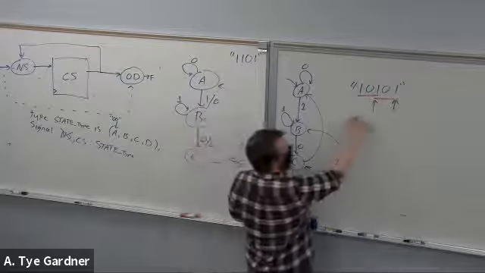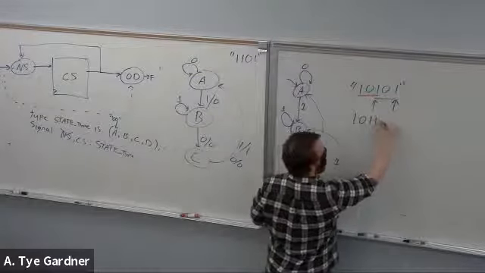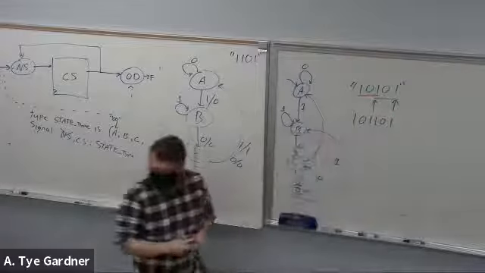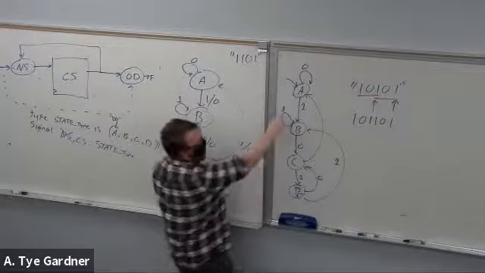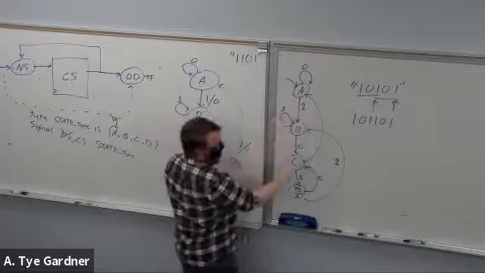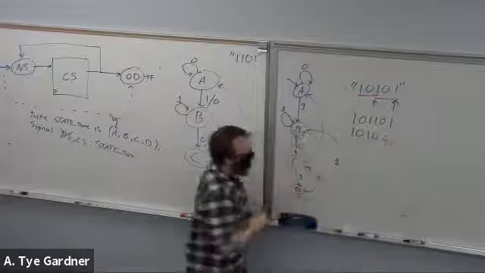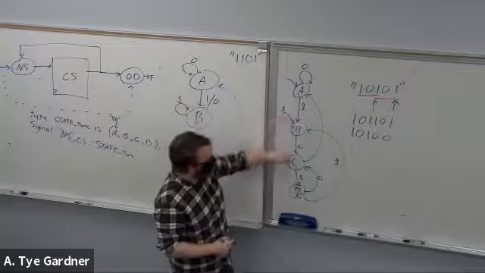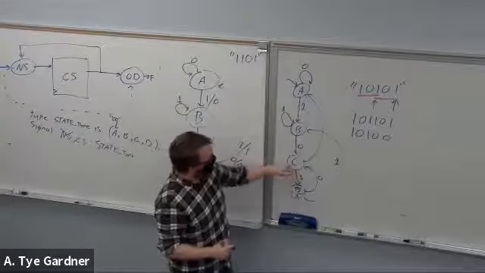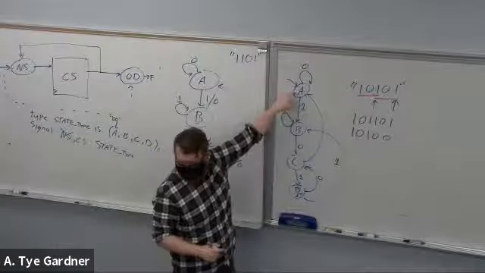And then you can do a similar test case for the non-overlapping, which is 1, 0, 1, 1, 0, 1. Make sure that we don't miss some of those. And then you may want to do some test cases like 1, 0, 1, 0, 0. Where do we go?